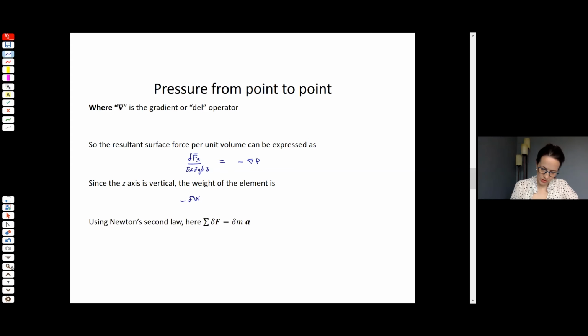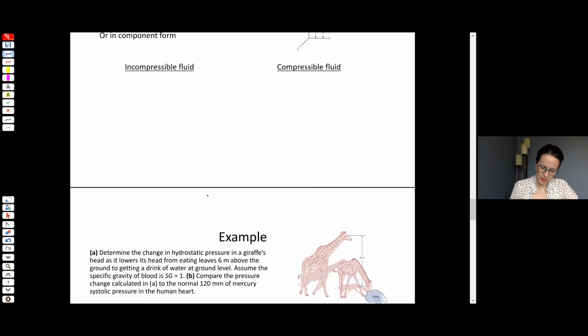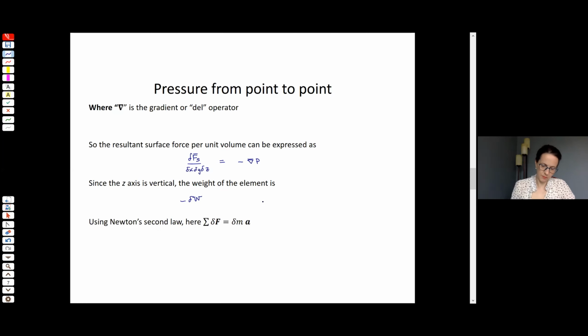And it's equal to minus the specific weight, minus gamma, times the infinitesimal volume, so dx, dy, dz. Each of these dx, dy, dz has units of length, so in our case, meters.